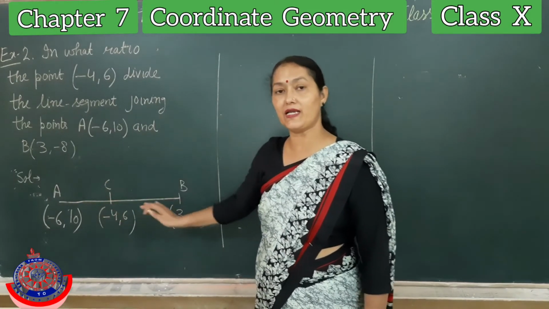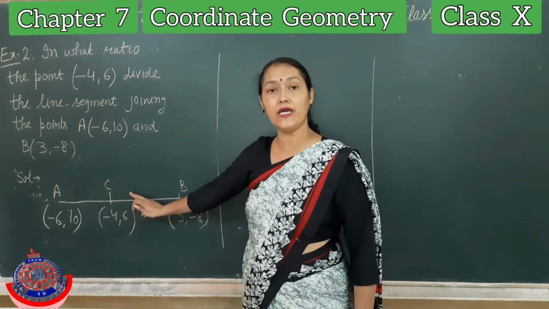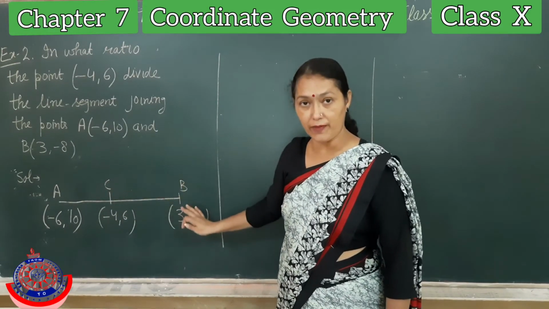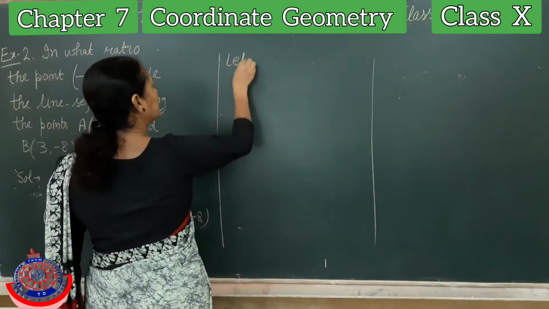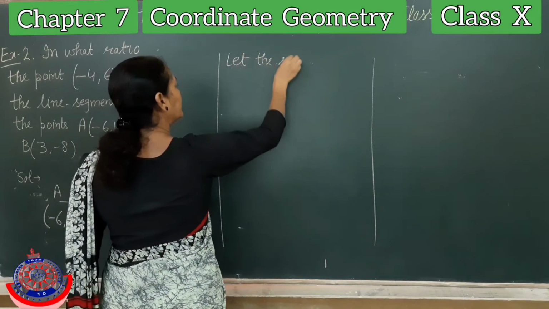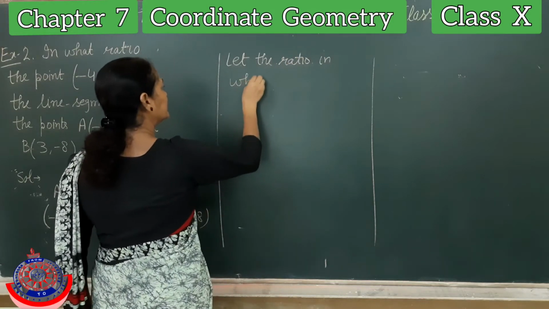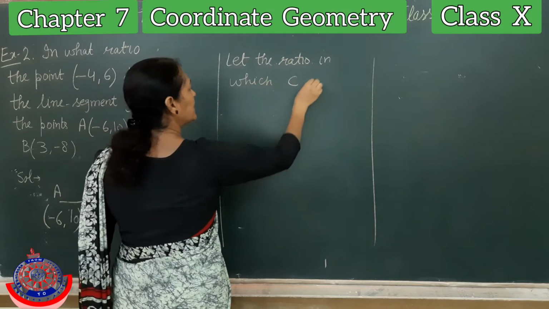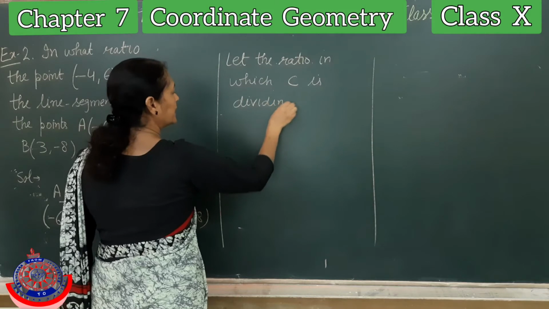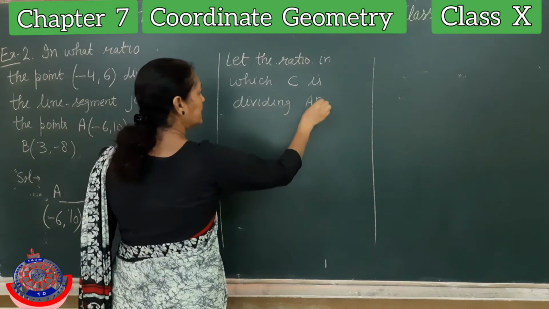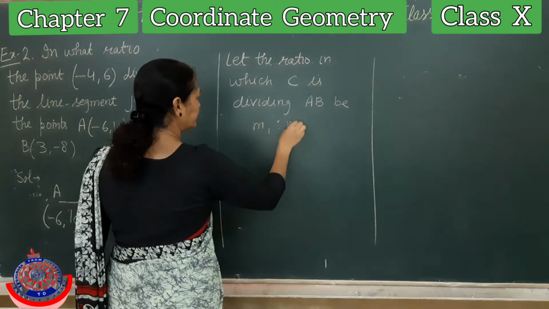Now questions can come like this also, where the coordinates of A, B and C are all given, and we have to find the ratio in which this point C is dividing the line segment AB. Let the ratio in which C is dividing line segment AB be M1 ratio M2.